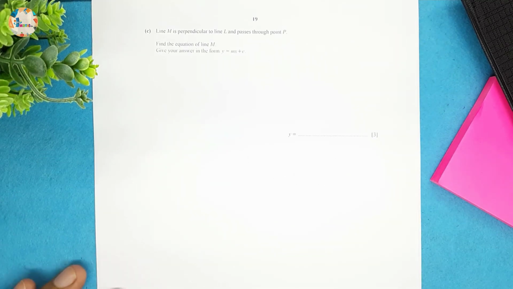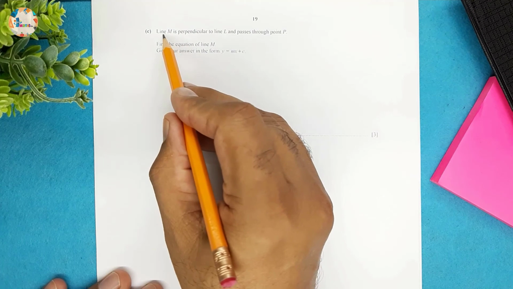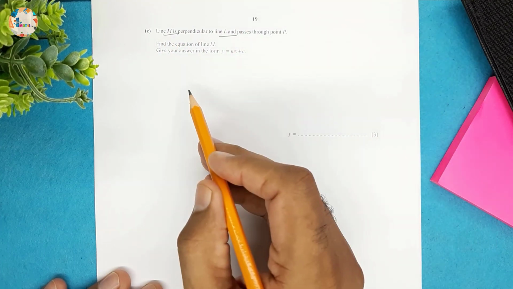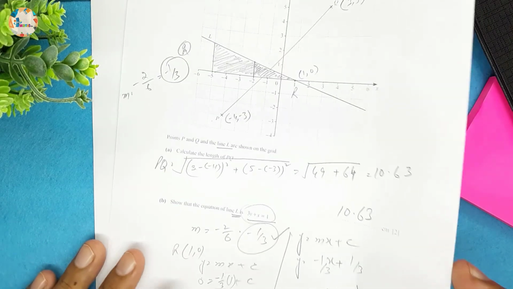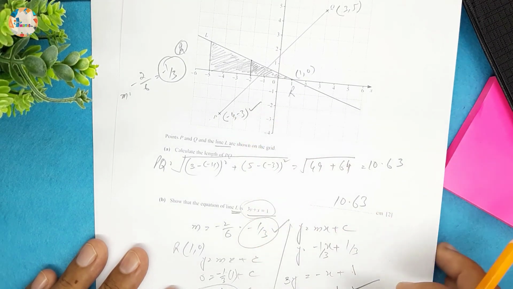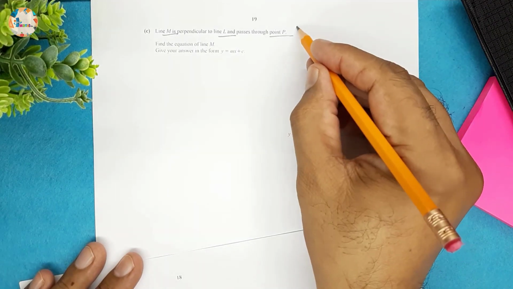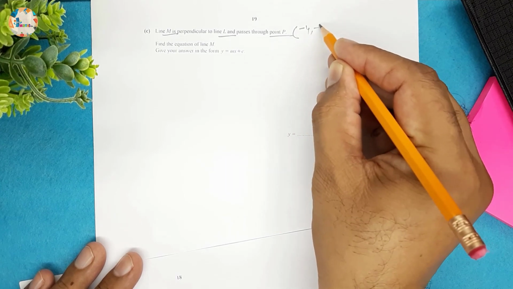Now this is part C. Line M is perpendicular to line L, and passes through the point P, and P has coordinates of this one, so minus 4 and minus 3. So we can write here (minus 4, minus 3).